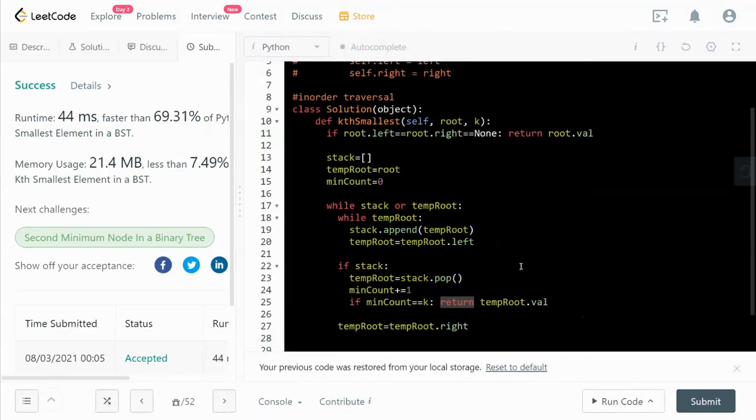In terms of time complexity, we are running the DFS exactly k times, so the time complexity is O(k). For space complexity, it's O(n).